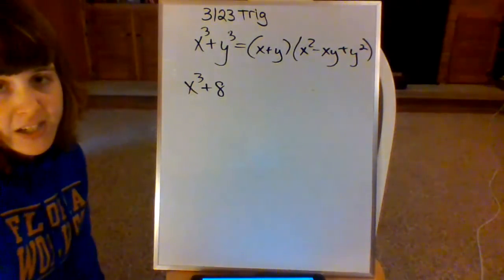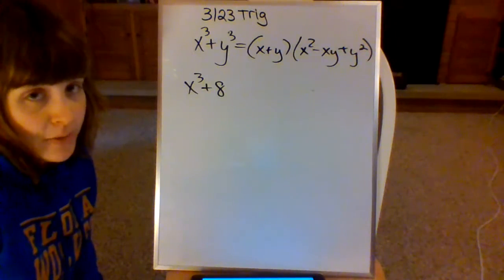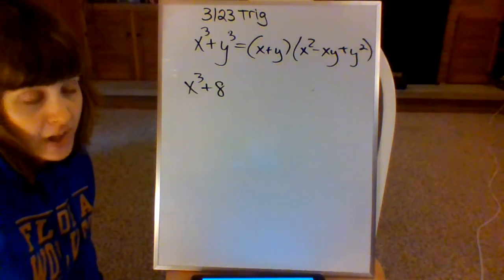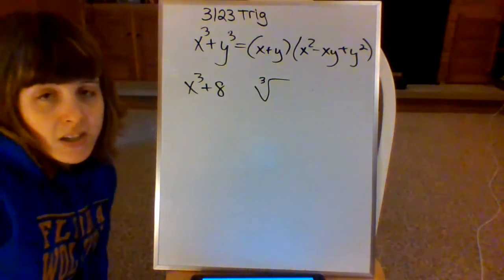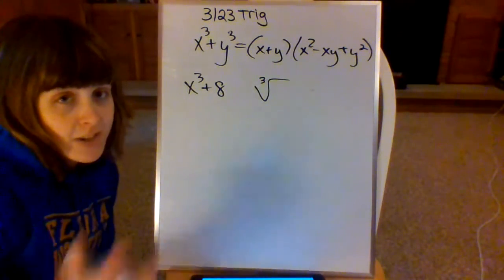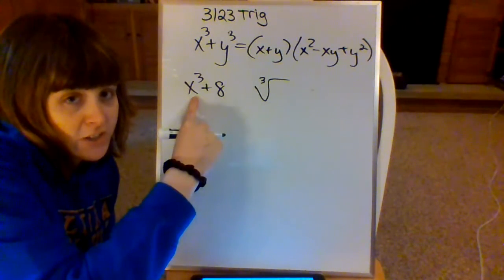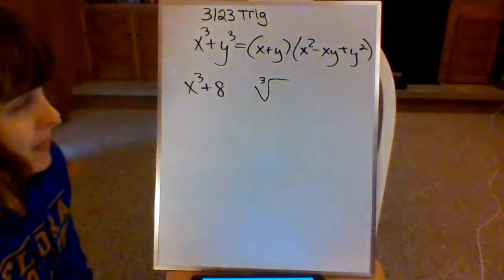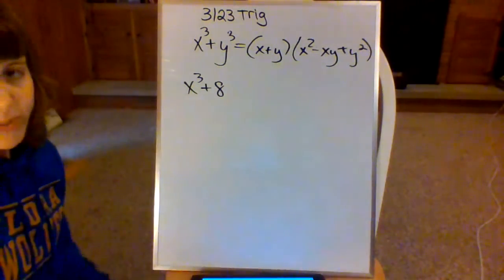Our first problem is x to the third plus 8. Now, the way you find the cube root of a number on your calculator, you'll need to look for this symbol. So if you see that symbol somewhere, we need to find the cube root of 8, and the cube root of x to the third is just x. Okay, so the cube root of 8 happens to be 2.